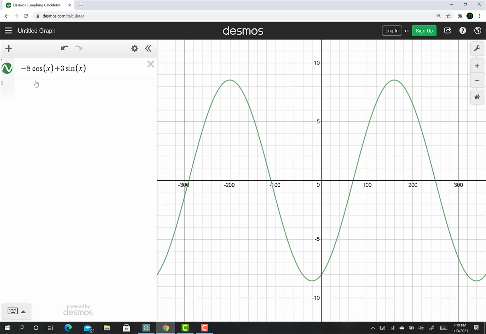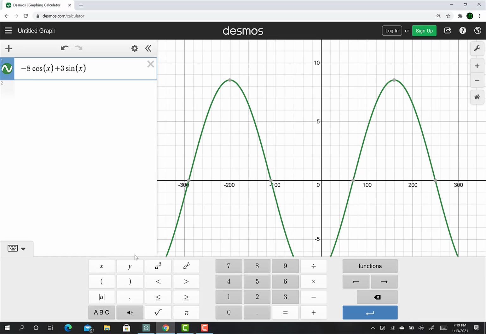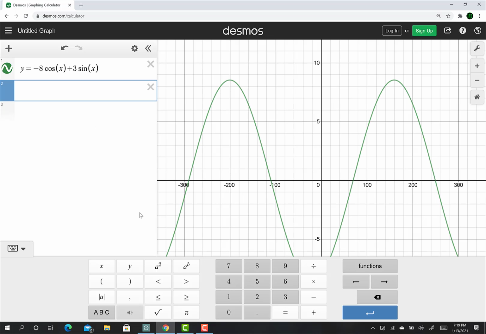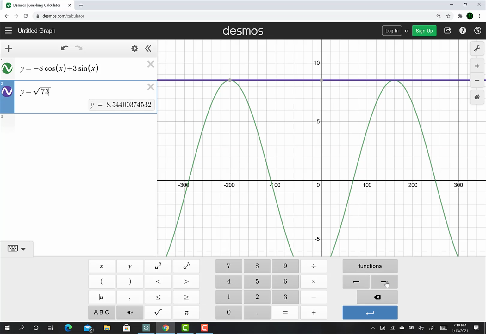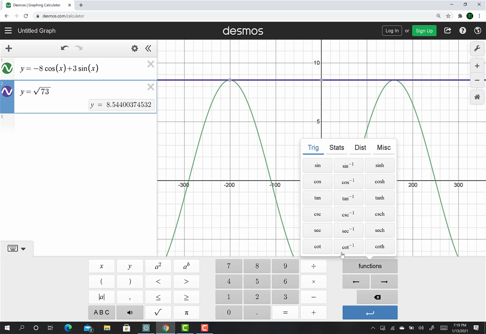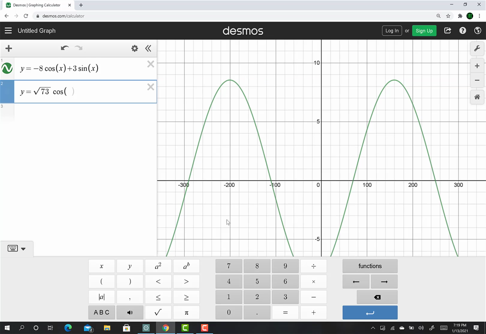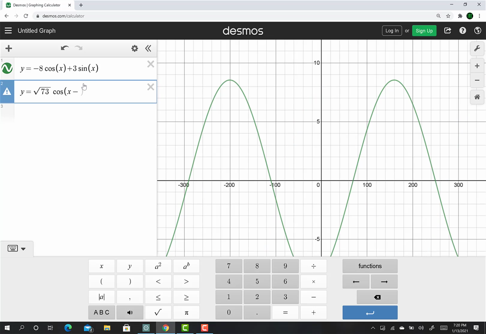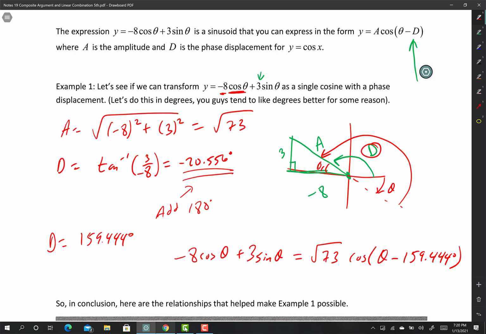So now let's see. And I really should be putting y equals in front of this to keep good habits here. So here we go, y equals. And I'm going to type the new function that I got, which I believe was square root of 73, and then cosine, and then x minus, and I forgot the number, so let me check. 159.444.